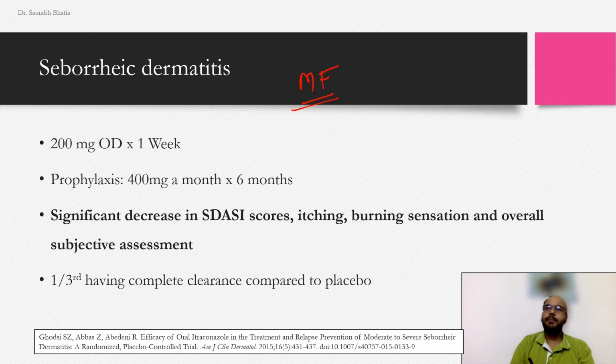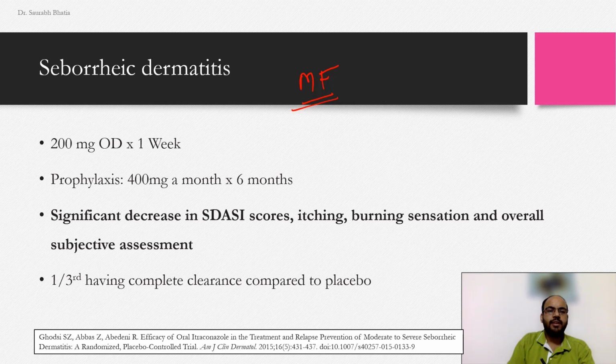And we know that pityriasis versicolor, the disease caused by Malassezia furfur, responds to itraconazole. So we can give itraconazole to bring down the effects of Malassezia furfur and thereby reduce the intensity of seborrheic dermatitis if it is triggered by the fungus.